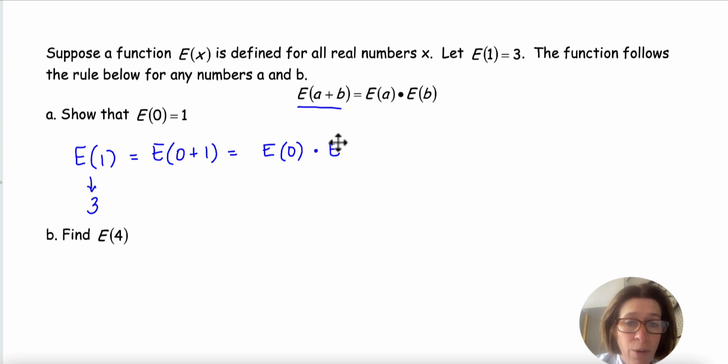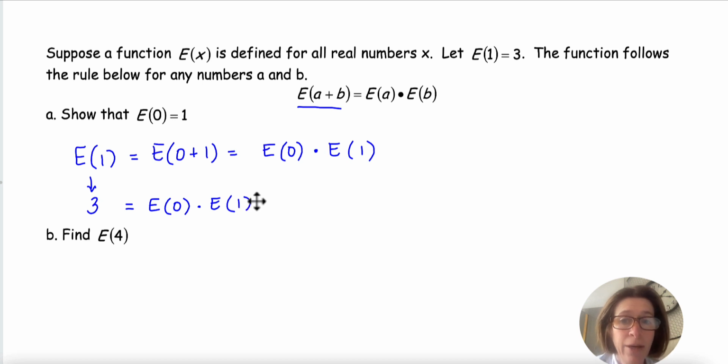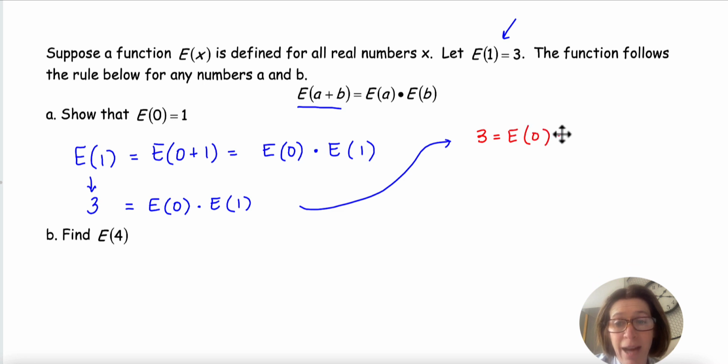That's helpful because that's telling me that 3 is equal to e of 0 times e of 1. We know that e of 1 is equal to 3, so 3 equals e of 0 times 3.